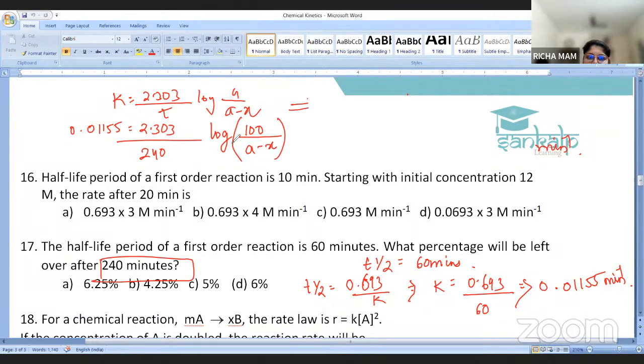After rearranging, 2.303 divided by 240 goes to the other side.